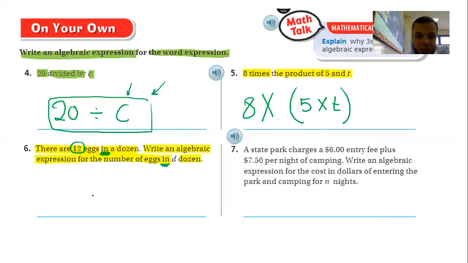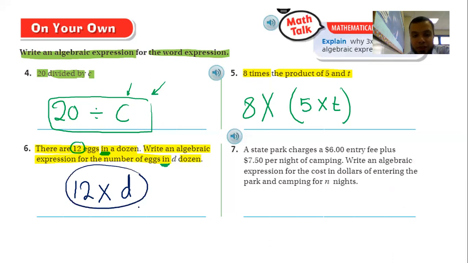So you need to multiply. The number is 12, multiply by d. The number of dozens multiplied by 12. If d equals 2, d equals 3, d equals 4, you can know the final answer when you multiply by 12. D here represents any number.